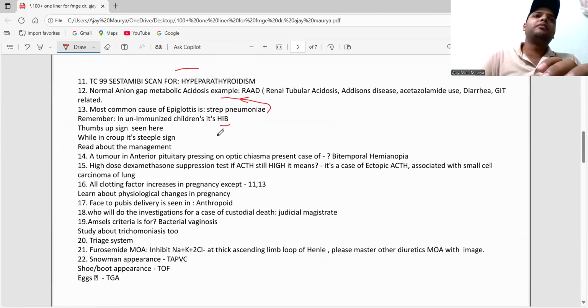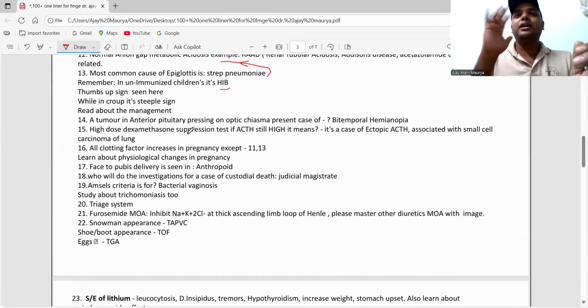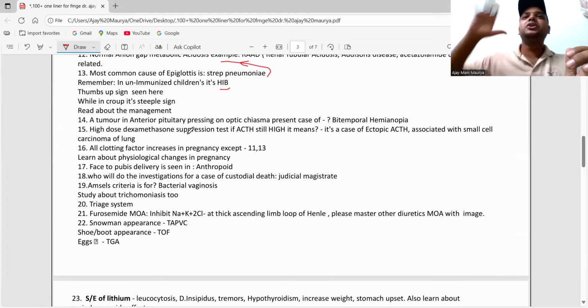Just remember that one. Croup versus epiglottitis, most important. Whatever questions I am discussing, please pause the video, go to the topic and try to mark all the important points.